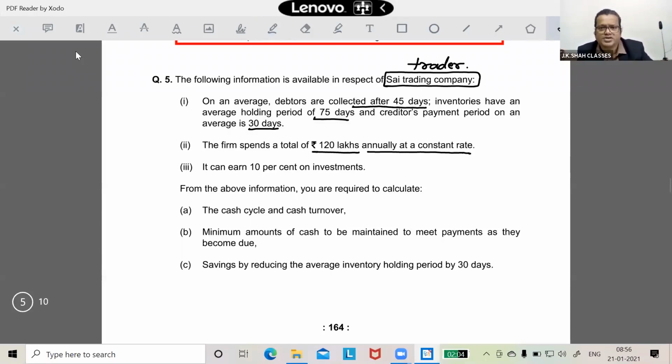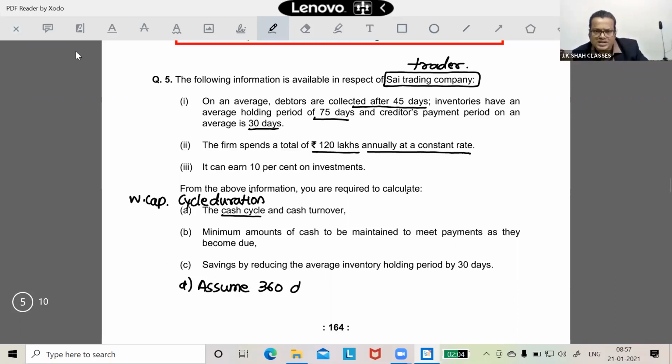From the above information, you are required to calculate the cash cycle. So this cash cycle means working capital cycle duration. Just make an addition in the question. Assume 360 days in a year.